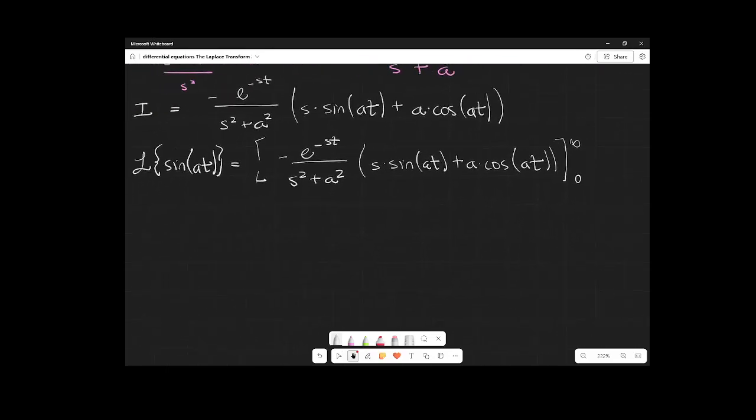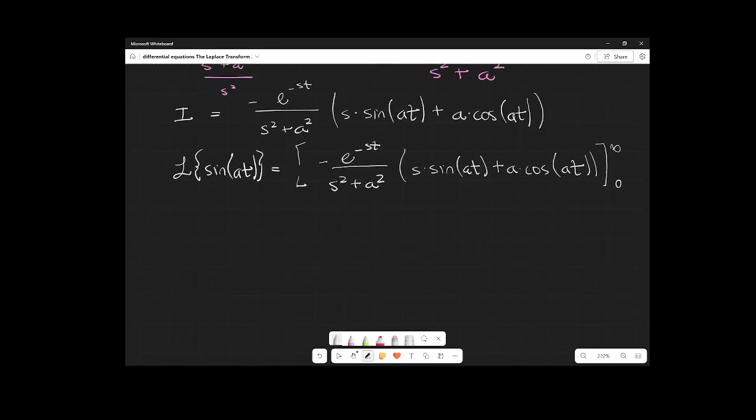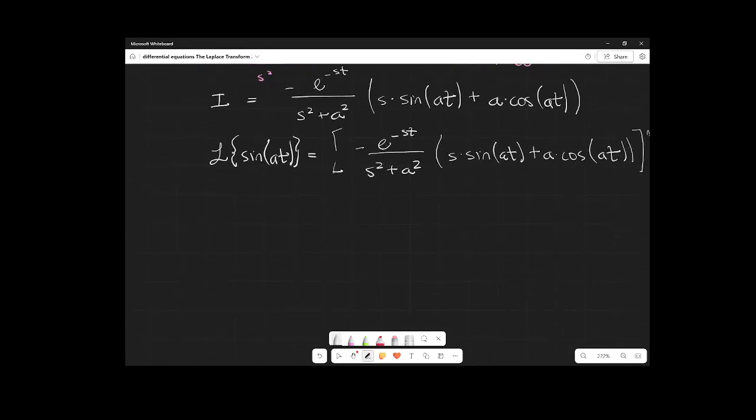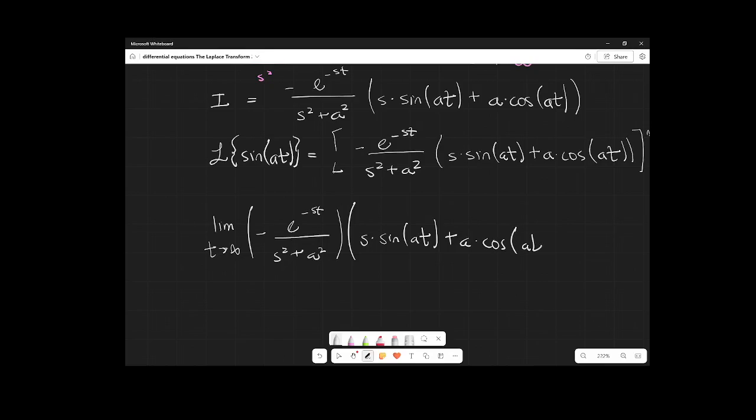So evaluating the upper limit for this, and I'll do this the correct way, the limit as t goes to positive infinity for the expression negative e to the negative st divided by s squared plus a squared times s times sine at plus a times cosine at, and so on.